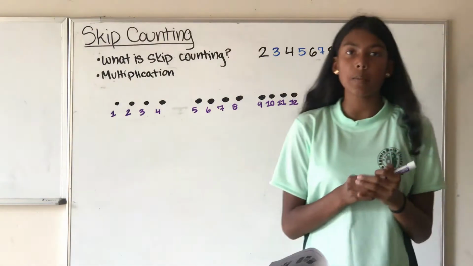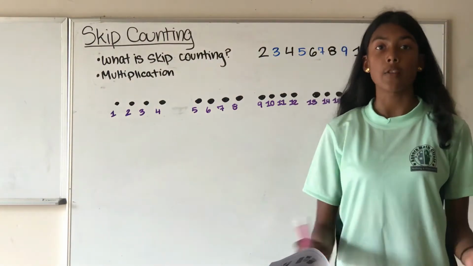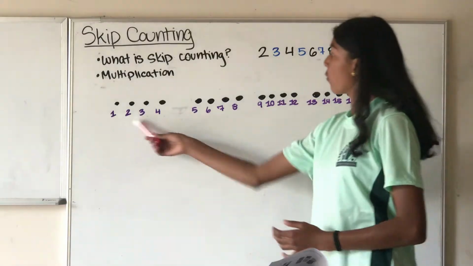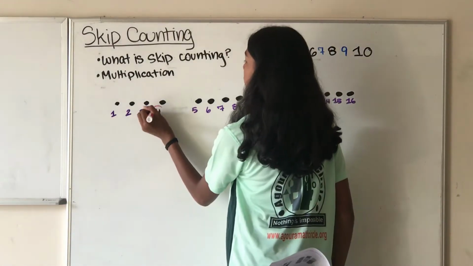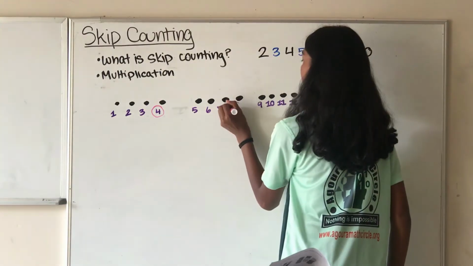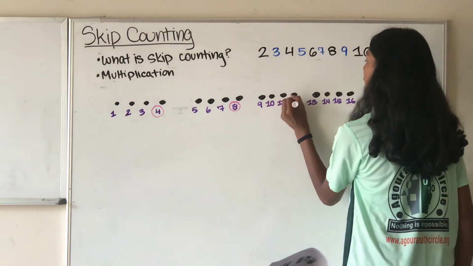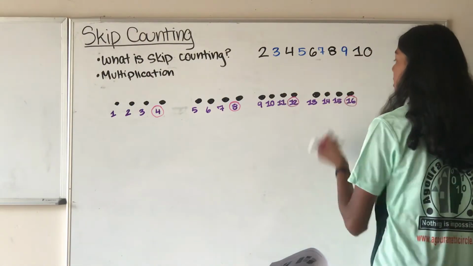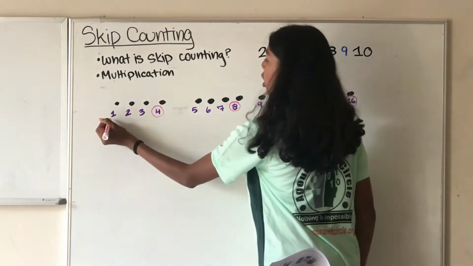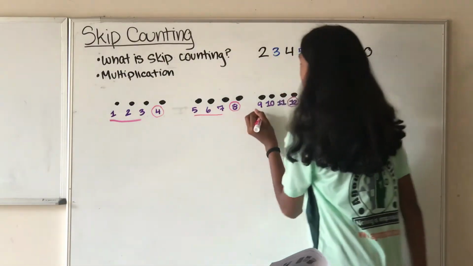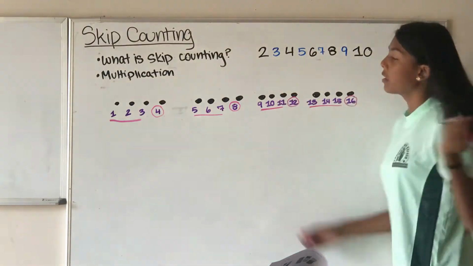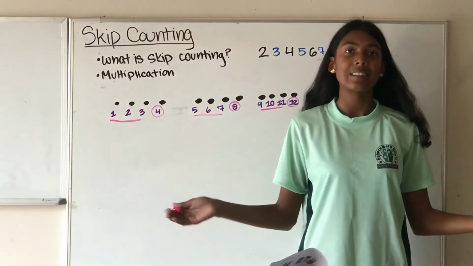Now, by skip counting, we're going to say the very last of these 4 groups. So the first one's going to be 4, 8, 12, and then 16. And we skipped all of these, so we didn't really have to say them. Like I said, much faster.